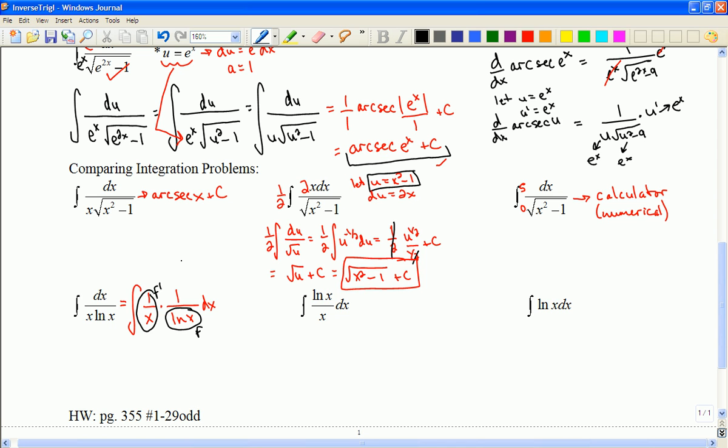Now I have to figure out how on earth I'm going to relate them together. If I give you this hint, I'm sure you'll be able to figure out what technique it is. I've just rewritten my fraction, it's a little bit more explicit. Now you can see this is going to be a natural log question because the function's on the bottom and the derivative's on the top. So that means I would have started with the natural log of x.